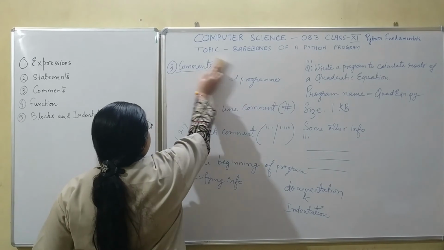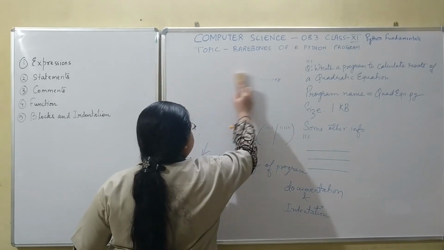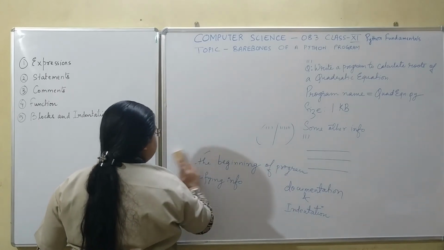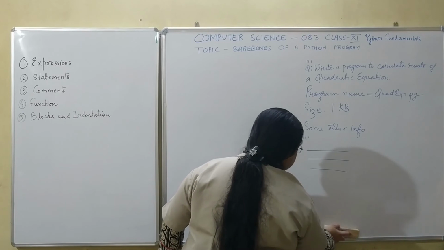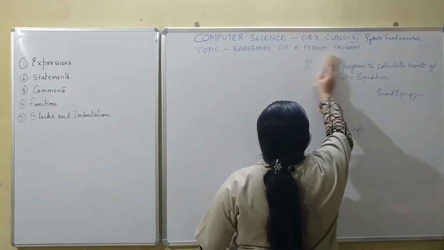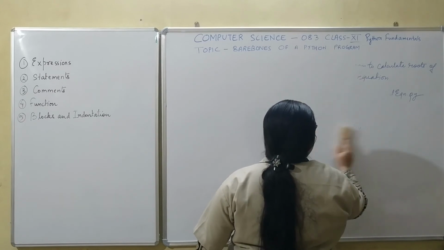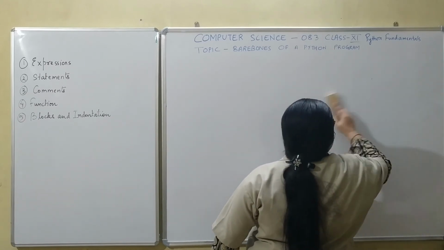Next is function. Now, although there is a chapter on functions, so we will be discussing functions in detail in that chapter, because discussing the complete functions here would be completely beyond the scope of this discussion. So I'll just give you a small introduction about what functions are, and then we move on.